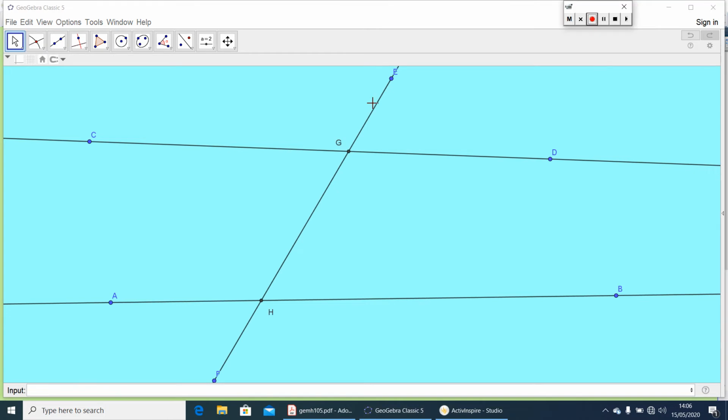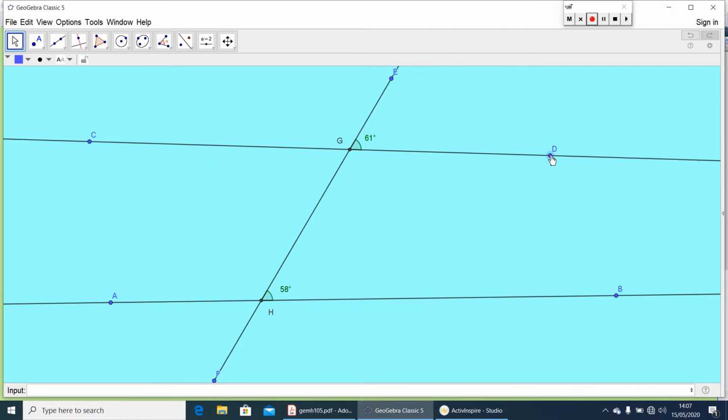Let it intersect at G and H respectively. Now you know that if two lines are parallel, their corresponding angles will be equal. Now check whether the corresponding angles are equal or not. Here they are not equal, so we can say these two lines are not parallel.